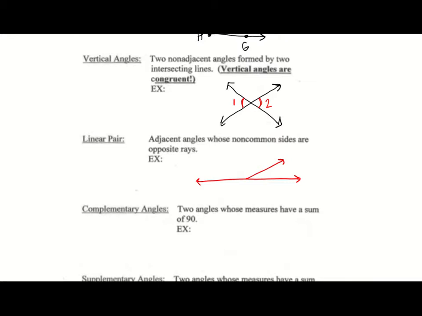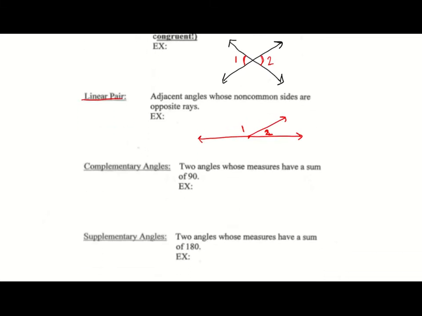So if we have angle 1 right here, angle 2 right here, they are adjacent, they are right next to each other, and they are on a straight line. Their non-common sides are opposite rays. That's what that part means, straight line. So linear pair, you think two angles on a straight line.